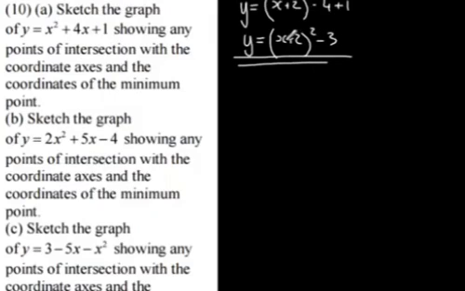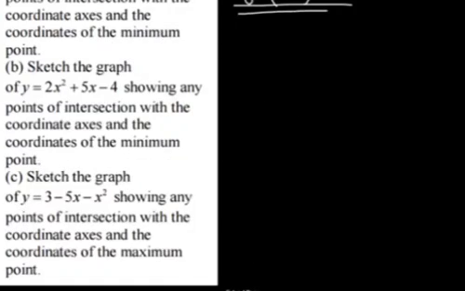So all we're doing is moving 2 to the left and 3 down. The vector for the vertex from y is equal to x squared, or the origin, is just 2 to the left and 3 down. If I just do some down here, let's just have some completed squares. Let's say we've got y is equal to x minus 3/4 all squared plus 2/3.